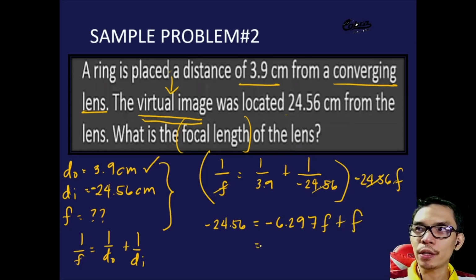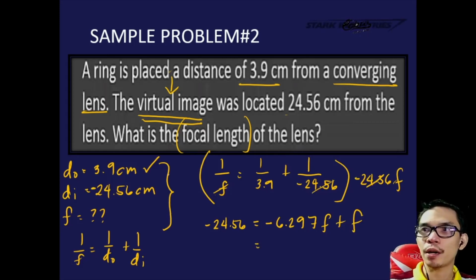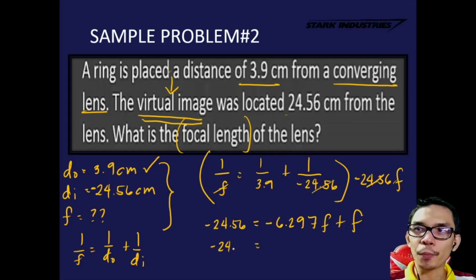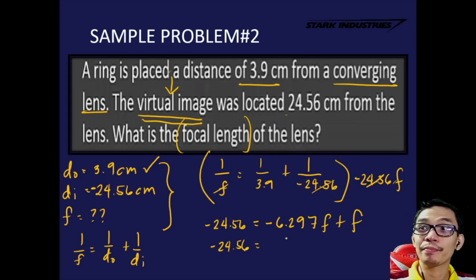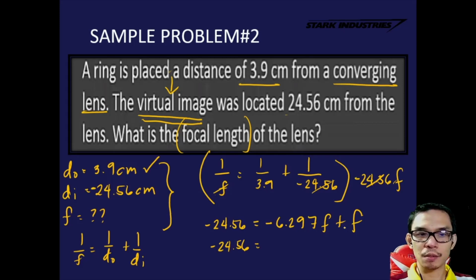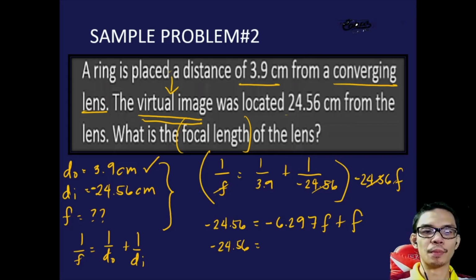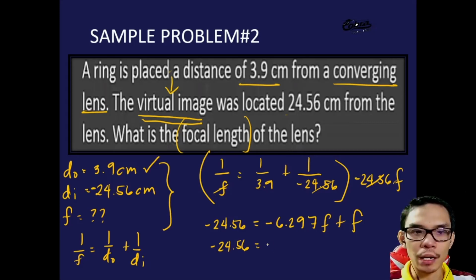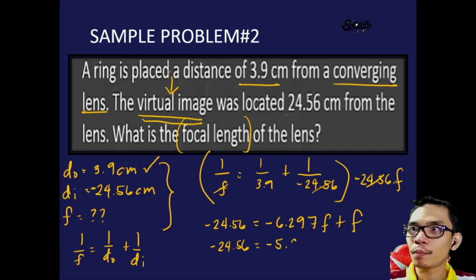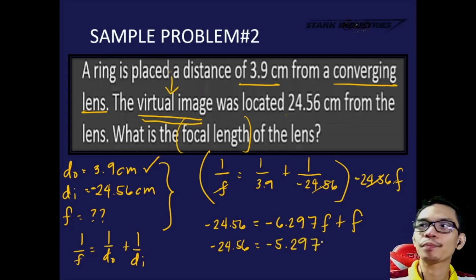So let's try to find out what this is. Negative 24.56 equals negative 6.297 plus 1, so that will be minus 5.297.